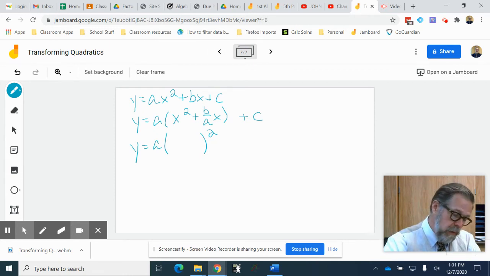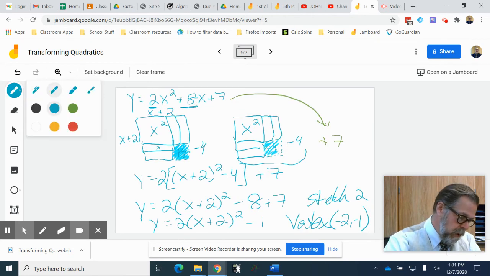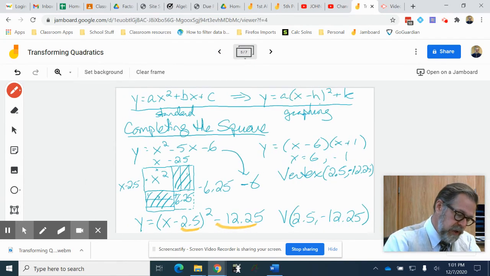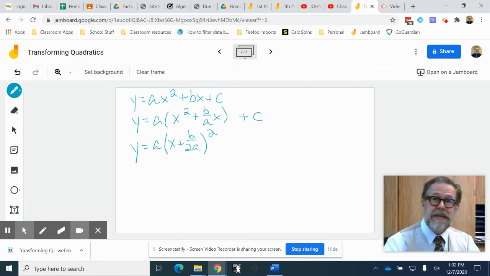How big are my squares? Well, if we look back at the previous 2 examples, this number right here is always half of what I have available. I had 2 times x squared plus 4x. In the previous example, I had 2.5, half of negative 5. And so this becomes half of b over a.